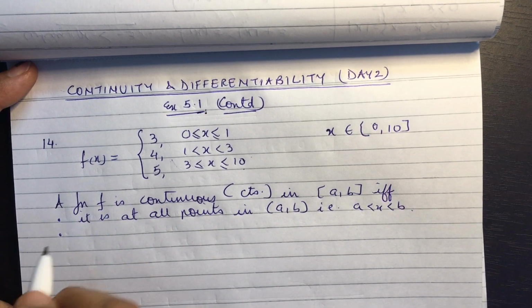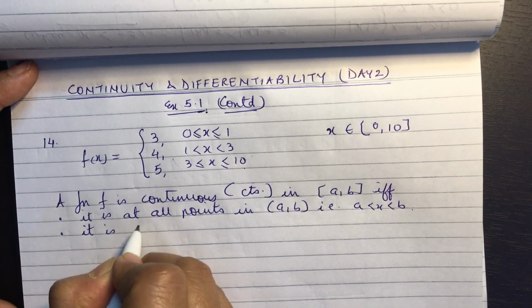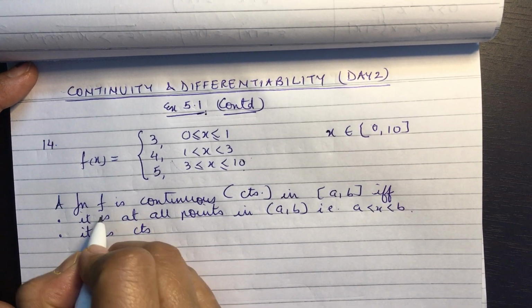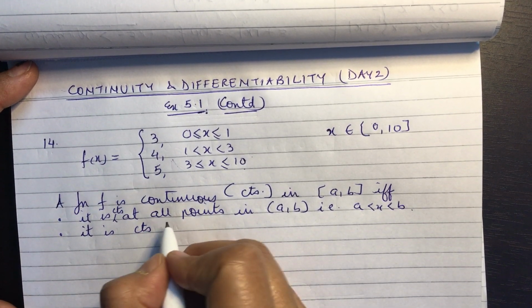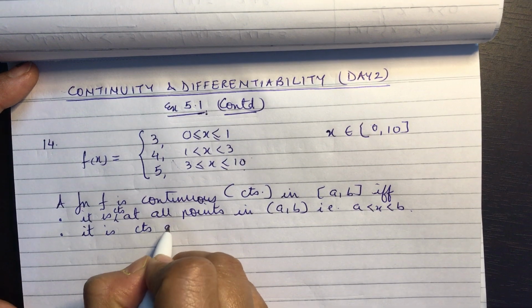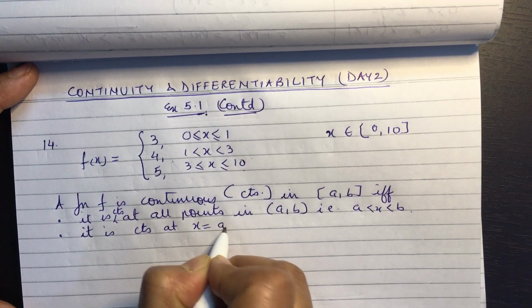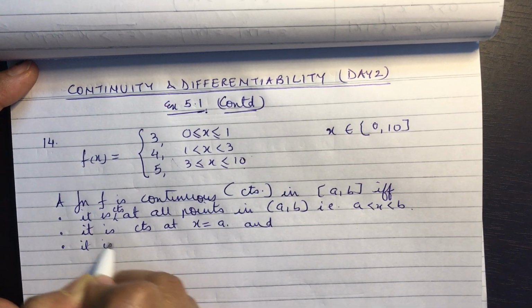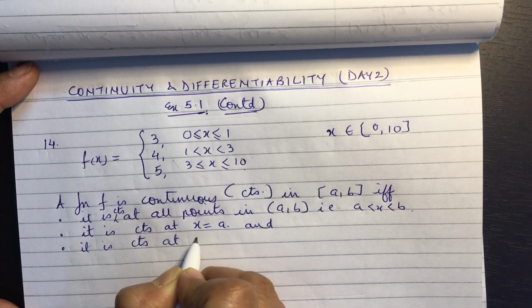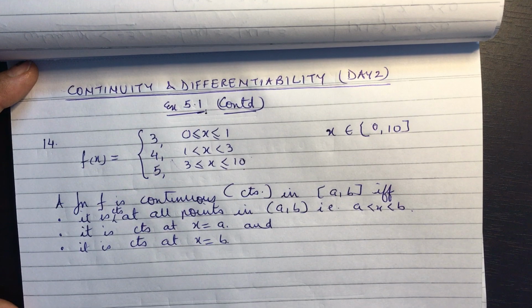And second, it is continuous at x equal to a, and it is continuous at x equal to b.